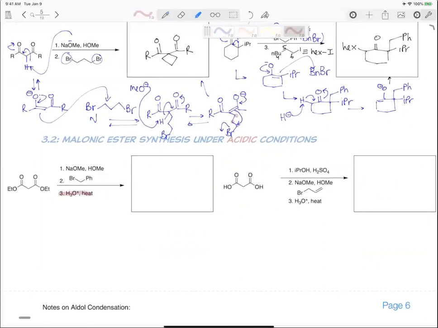When you see that, know that first you are forming a carboxylic acid, and two, you're cleaving half of the ester. So half of, I'm just going to say starting material, which is here, and you'll see what I mean in a bit. This is a good way to check your work.